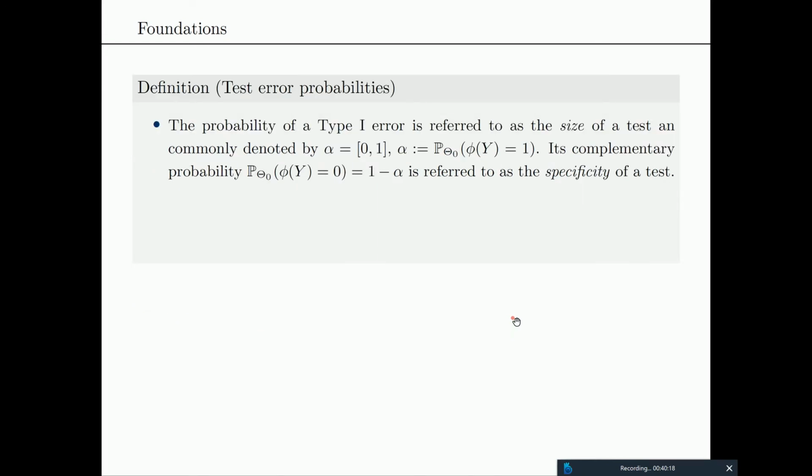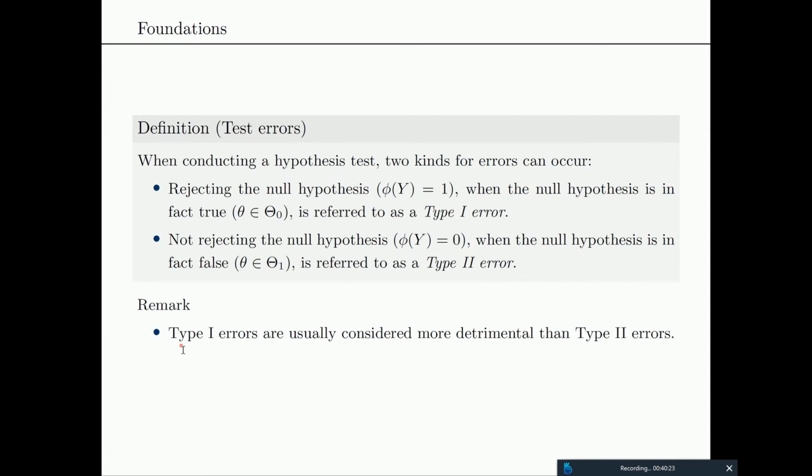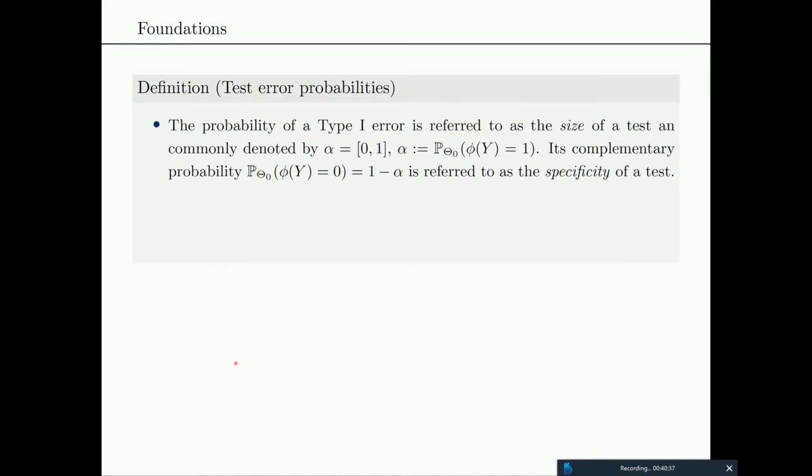And this will come up again. The general notion is that type 1 errors are thought of as worse than type 2 errors, which you can debate. It's completely debatable, but that's the general view in order to explain test construction, as we will do it in a second.